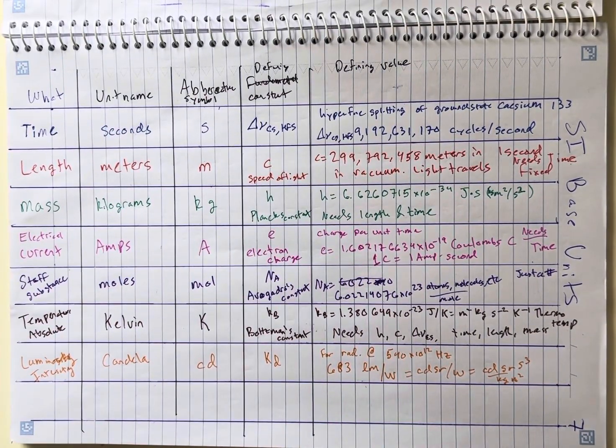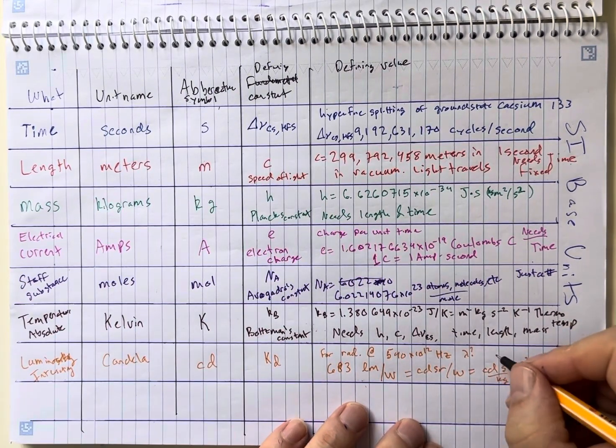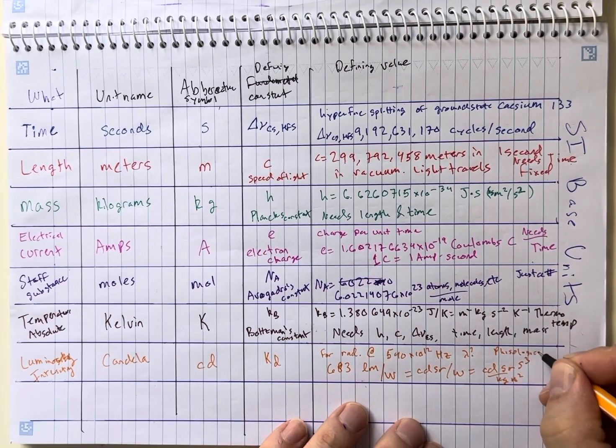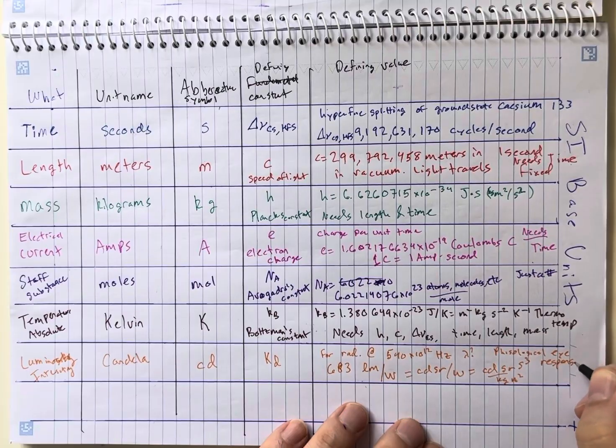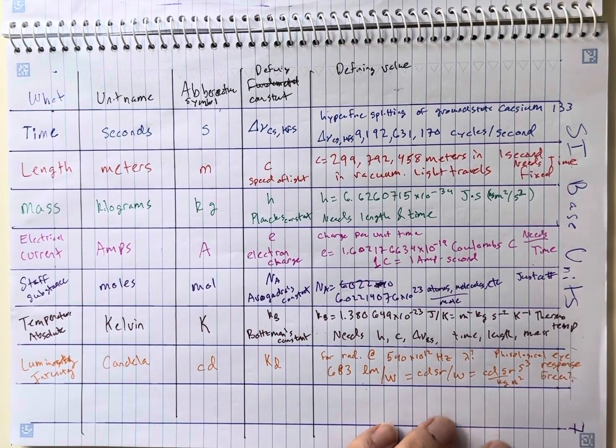And this one's a mess. I need to read more up on it, so I need to know the wavelength. I think this is physiological. I response, probably to green. This is how bright something appears to be.